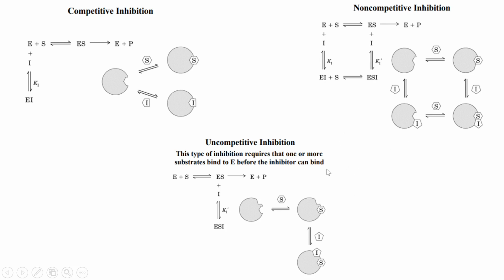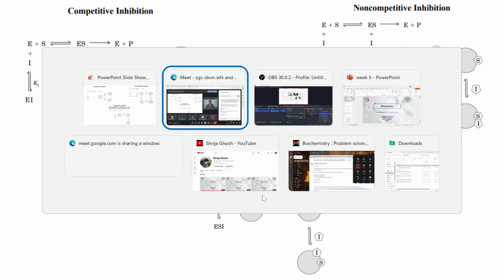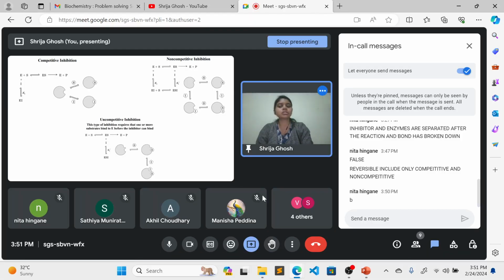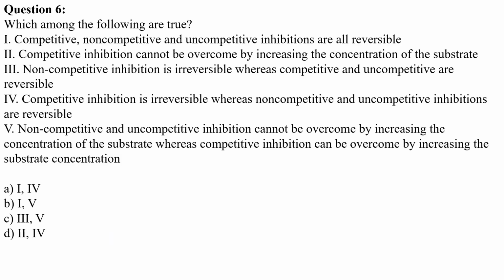Even in presence of a lot of substrate, there will be inhibitor that can sit in some other site, because there is no competition for the inhibitor site. The inhibitor site is different from the active site of the enzyme. But in case of competitive inhibition, the same active site is there for both inhibitor and substrate. So in that case, increasing the substrate concentration can be used to overcome the competitive inhibition.